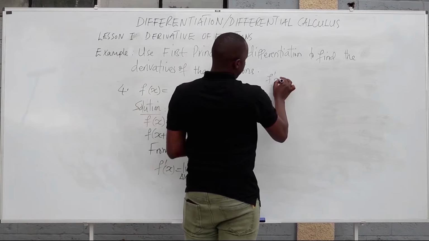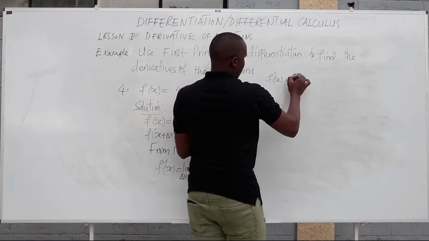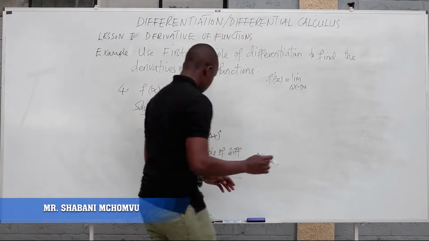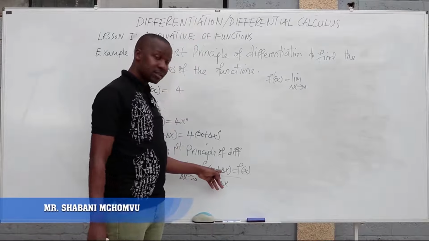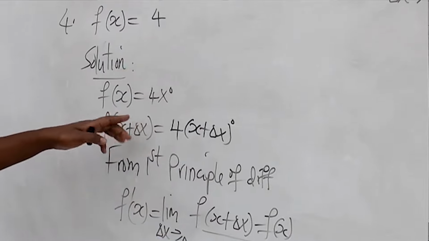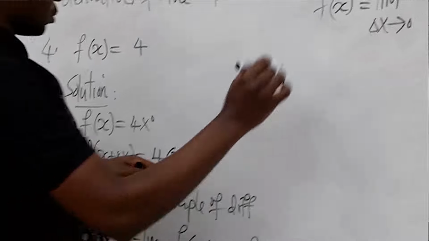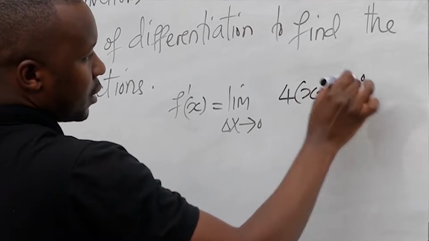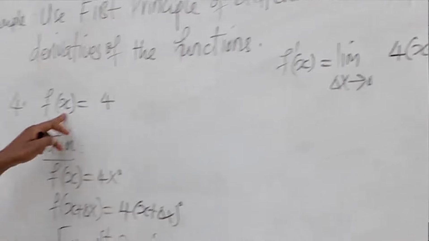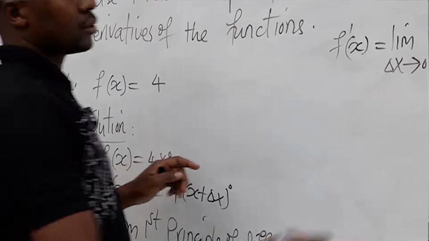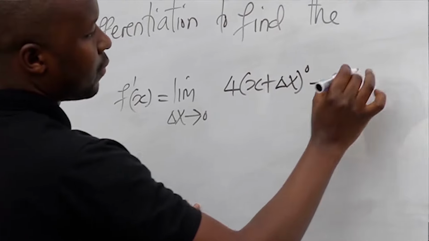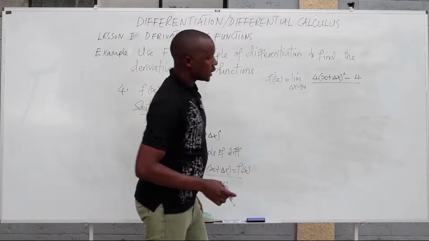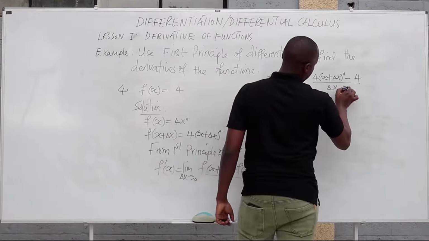So it becomes the limit as change in x approaches 0. Now, our f of x plus change in x is this one, so we introduce there 4 times x plus change in x. Now we minus our f of x, which is 4x to the power 0, or we can just say 4. From there, we divide by the change in x.